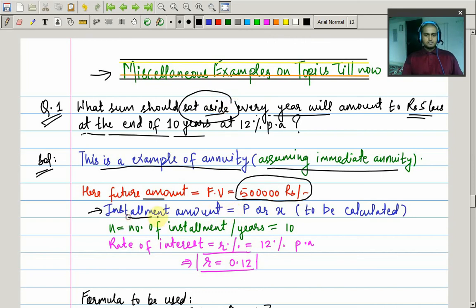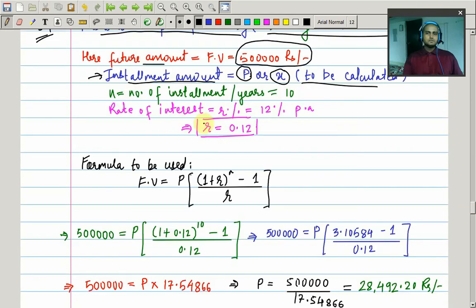So it's obviously this is the installment they are asking. So let that money be P or X. We need to calculate that value. N is the number of installments every year. So in this case, N is directly 10 years. Rate of interest is 12% per annum. So everything is annually. So this is the r. So just divided by 100.